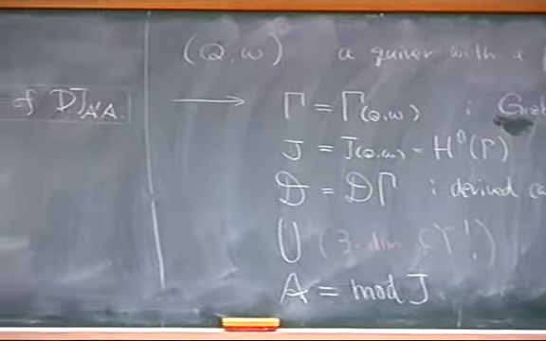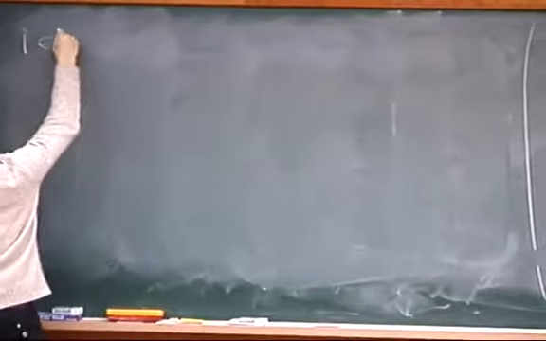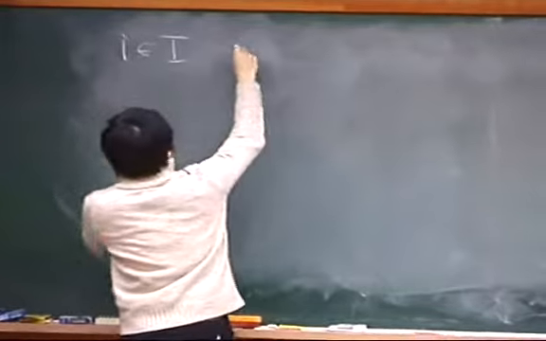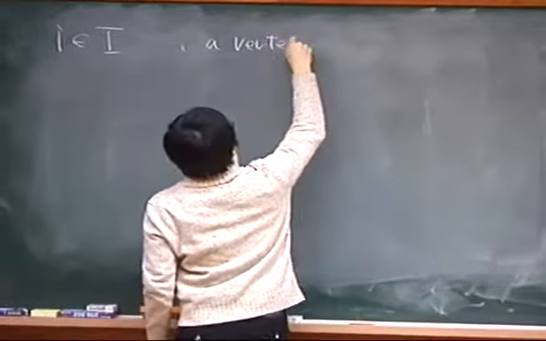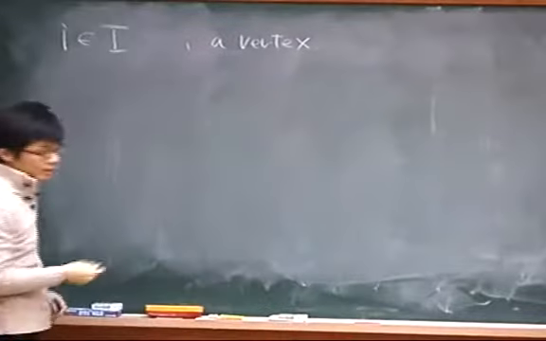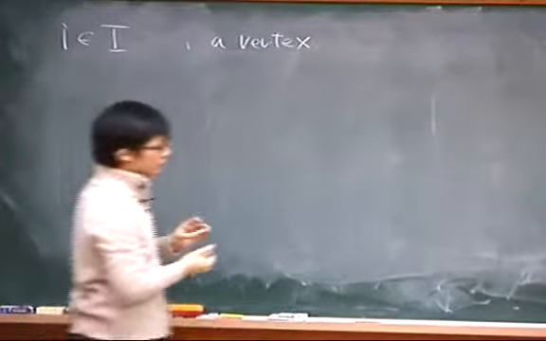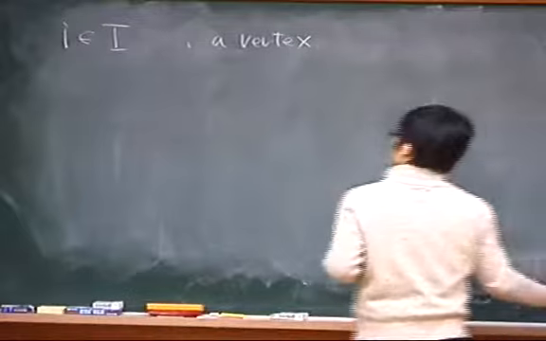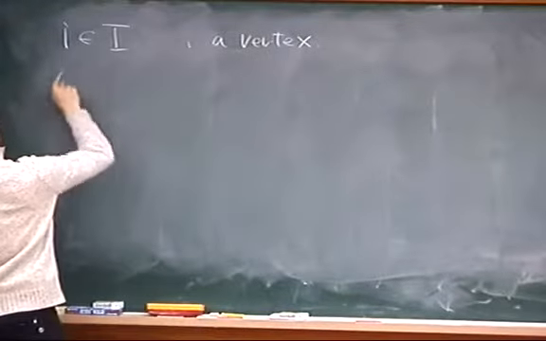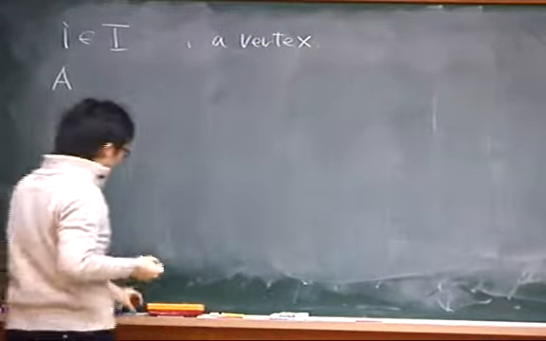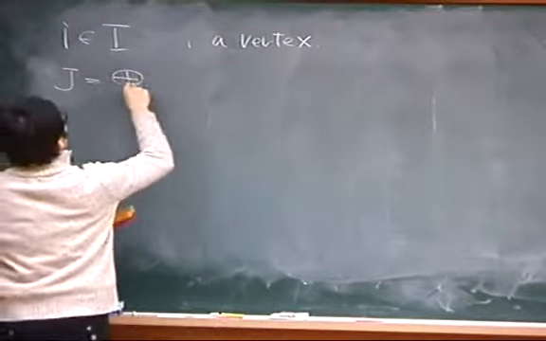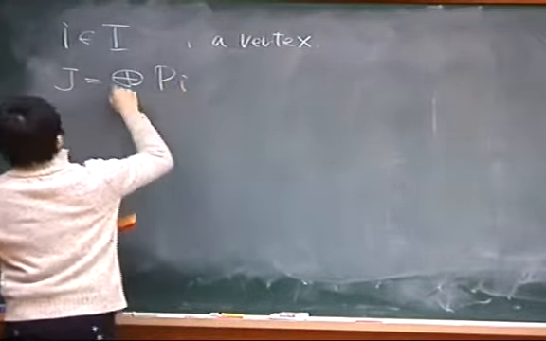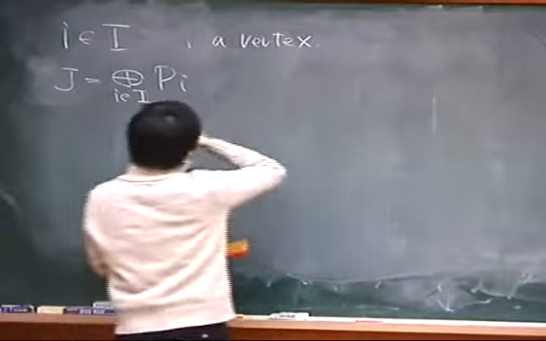And in this setting, let I be a vertex. Large I is a set of vertices of the quiver Q. And algebra J is decomposed into the projective J modules.